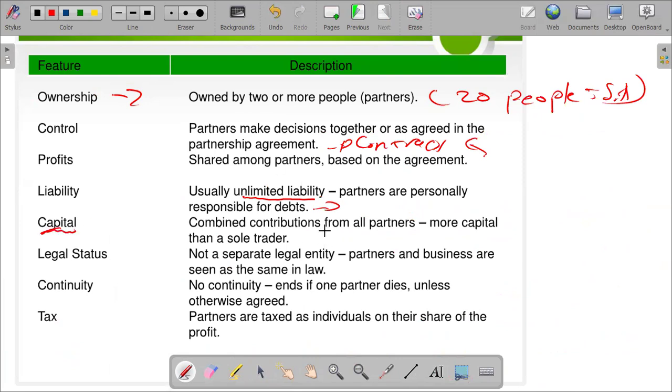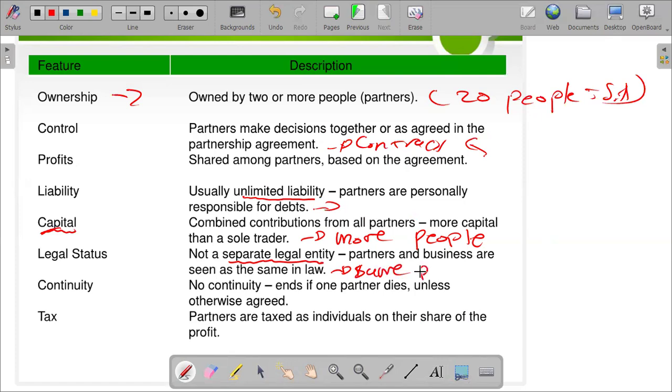So combined contribution from all partners, more capital than the sole provider. Why? Because there are more people. And then legal status, it's not a separate legal entity. So whatever happens to the business, it might happen to the partners also. So partners and business are seen as the same in the law.